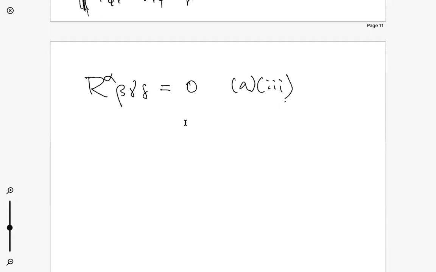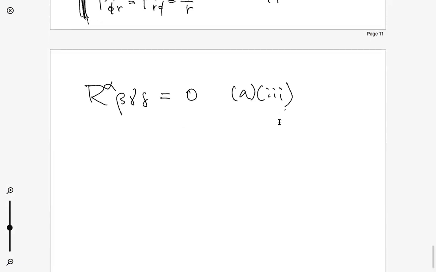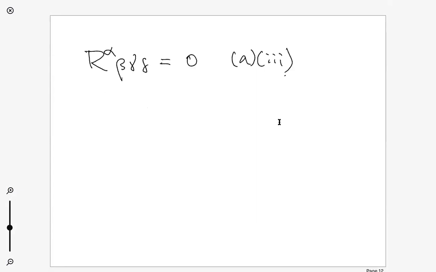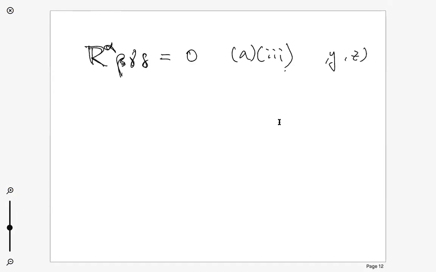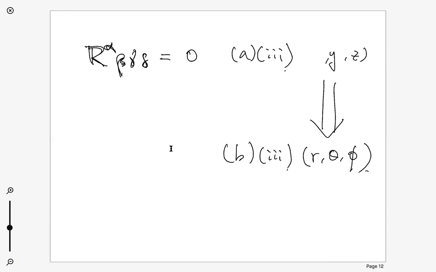It's 0. So now we just transform the coordinate system from x, y, z to r theta phi. So now we are talking about question B3 here. This is nothing but a coordinate transformation.